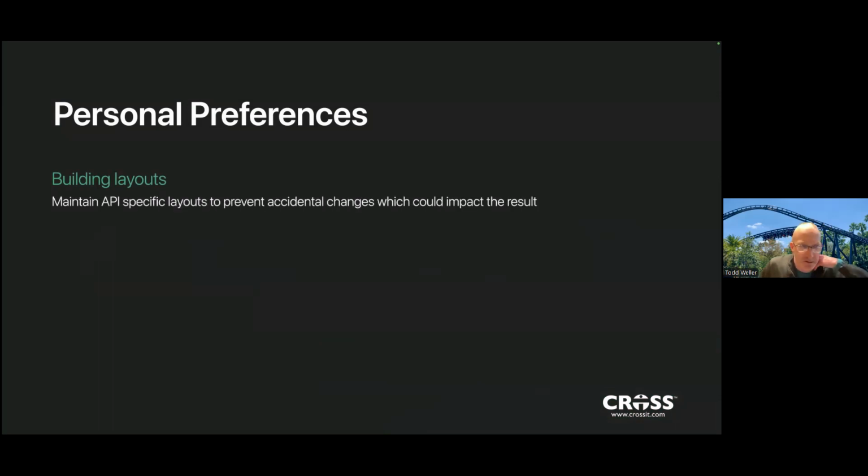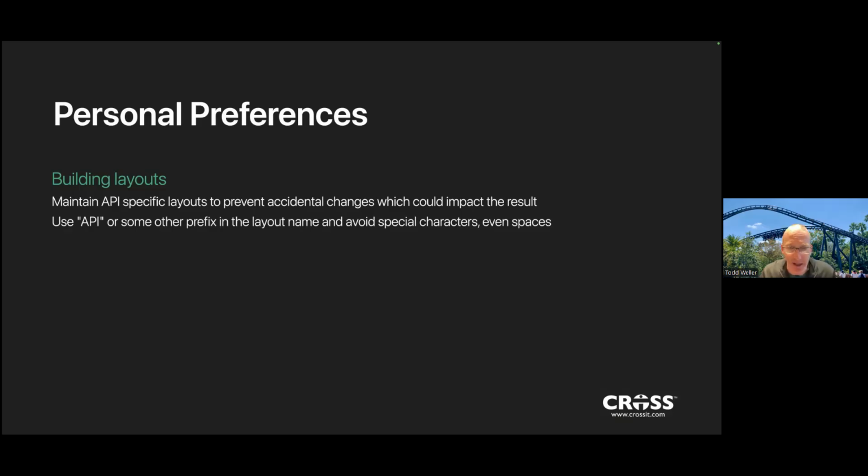As you saw, I like building API specific layouts that prevent accidental changes which could impact the result. If you're using a data entry layout and add a field to that, then all of a sudden you're going to get a different response via the API. I always use API or some other prefix in the layout name so I know exactly what it's for.